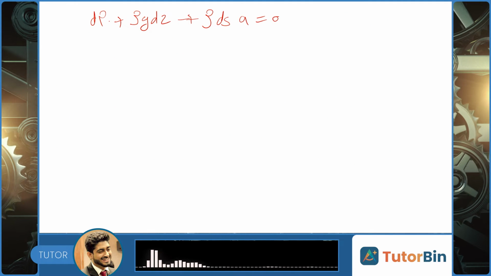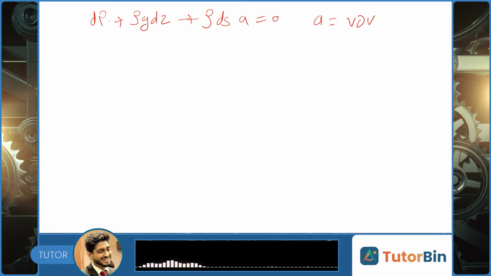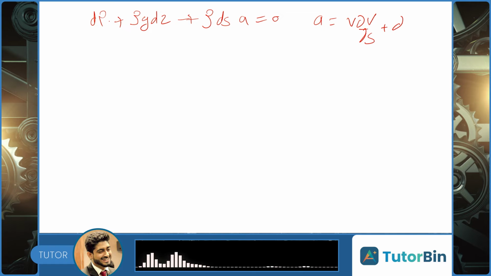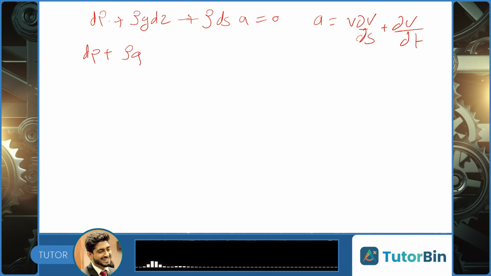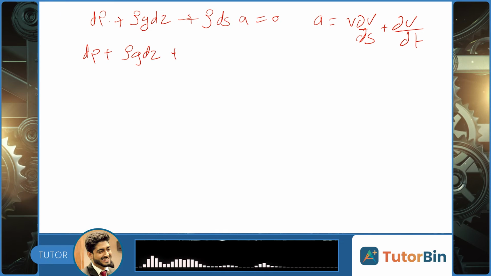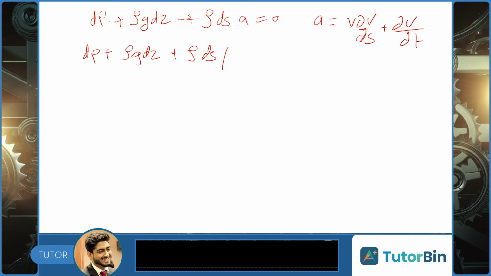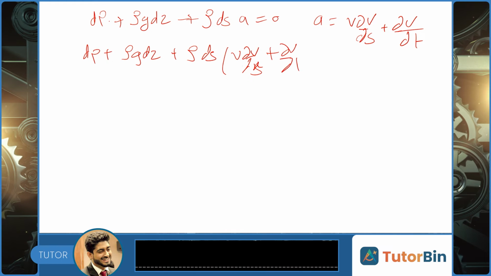Now this acceleration can be written in the form of a derivative, that is v del v over del s plus del v over del t, if it's a function of space and time. That is dP plus rho g dz plus rho ds times v del v over del s plus del v over del t equals 0.